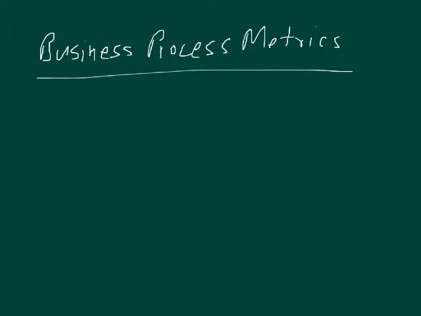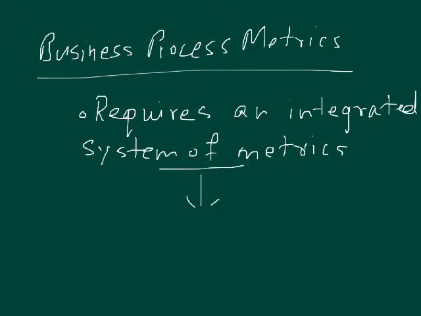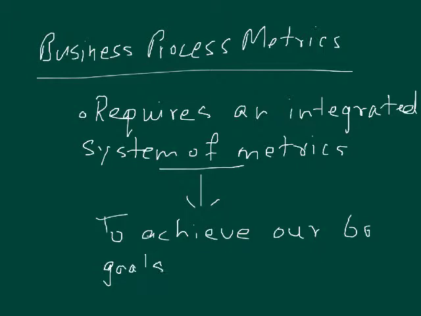Basically, the business process metrics require an integrated system of metrics, and we need this to achieve our Six Sigma goals or improvements.